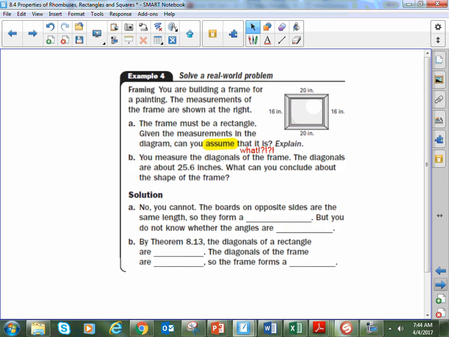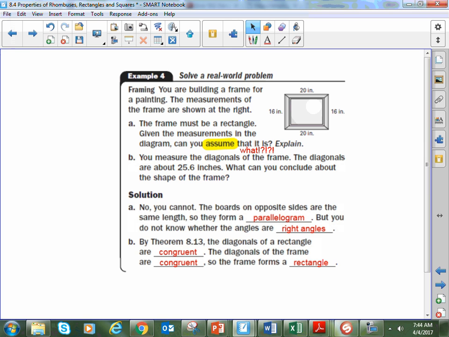All I know with the information I have right now is that it's a parallelogram, because the opposite sides are congruent. I don't know anything about the angles. If I knew that I had right angles, then I'd be able to say it's a rectangle, but I don't. So in this case we don't know that it has any right angles, so I cannot say that it's a rectangle.